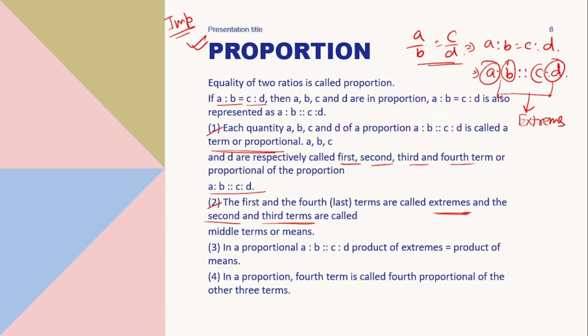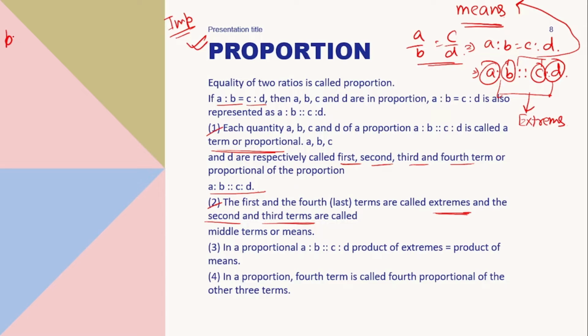So b and c are called means, or you can say the middle terms. In a proportion a is to b whole is to c is to d, the product of the extremes equals the product of the means.